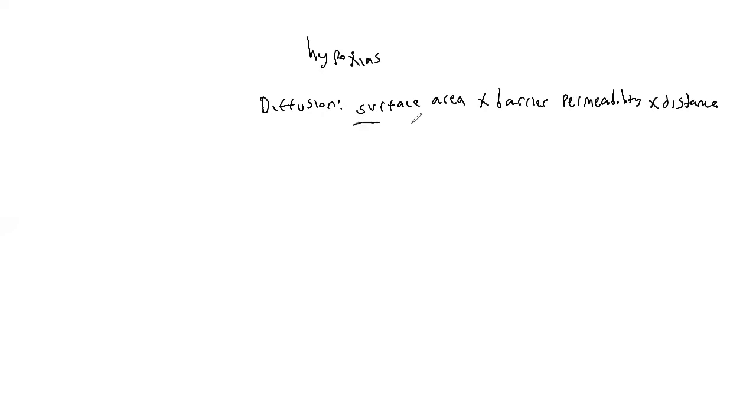In plain English, surface area is the number of functional alveoli, barrier permeability is alveoli thickness, and distance has to do with edema. That's the main thing that can increase distance.